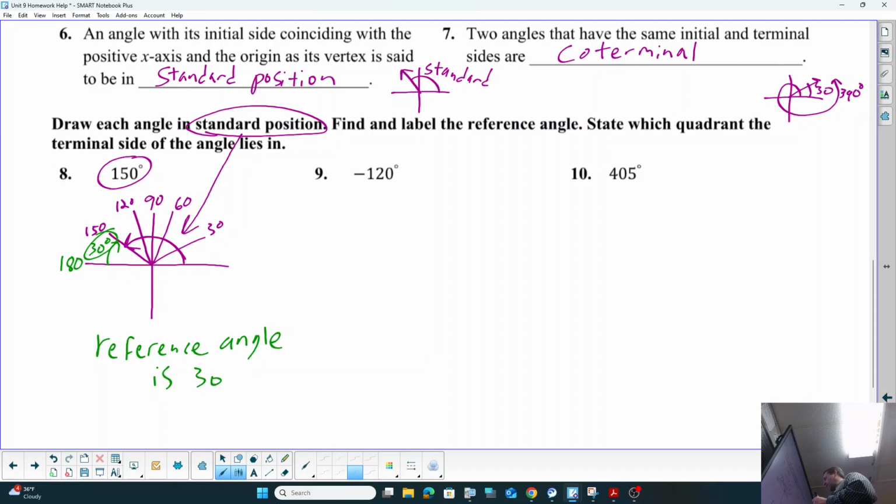The reference angle is 30 degrees, and of course that's in quadrant 2. Remember it goes 1, 2, 3, and 4. Those are the different quadrants.